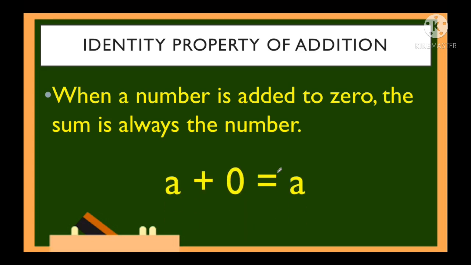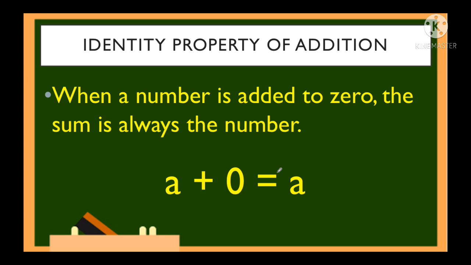Okay, let's review. Our first property is commutative property of addition. What is the meaning of that? If we are adding two numbers, even though they will change places, the answer is still the same, correct? How about for the associative property of addition?